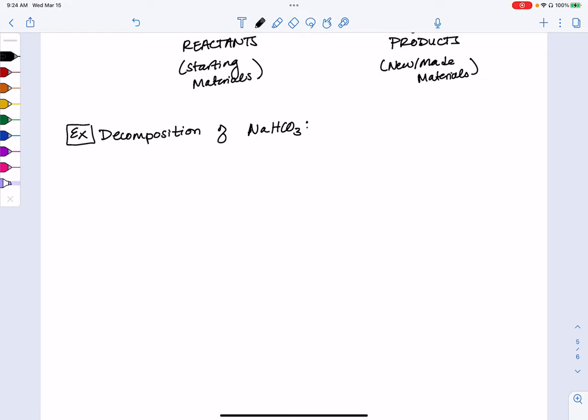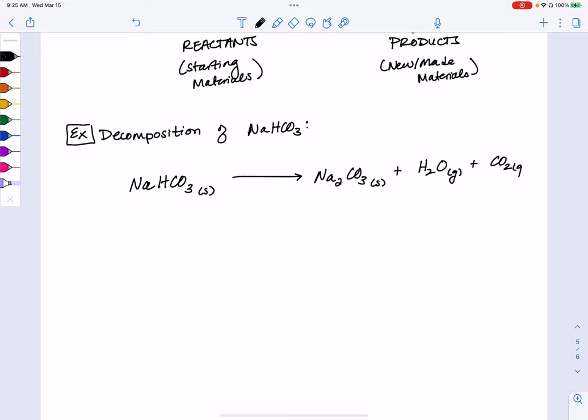I would write this as such: NaHCO3 solid goes to Na2CO3 solid plus H2O in the gaseous phase and CO2 in the gaseous phase. And this is because heat is required in order for this to decompose, so this triangle means heat.